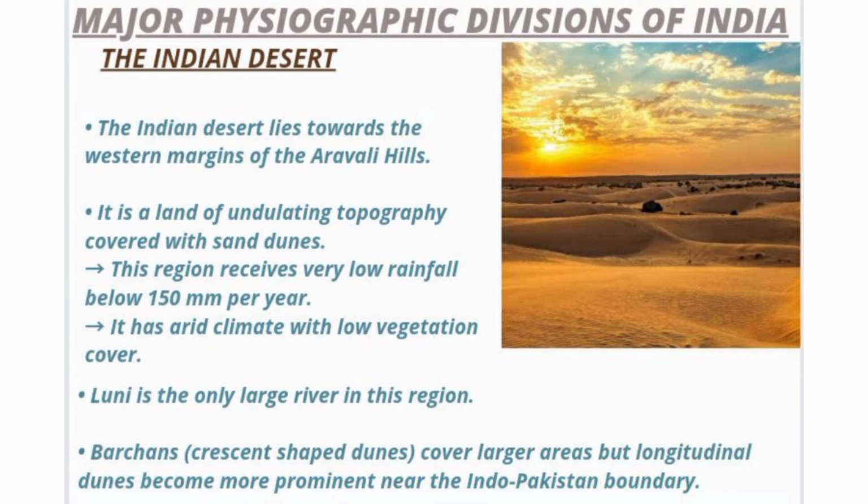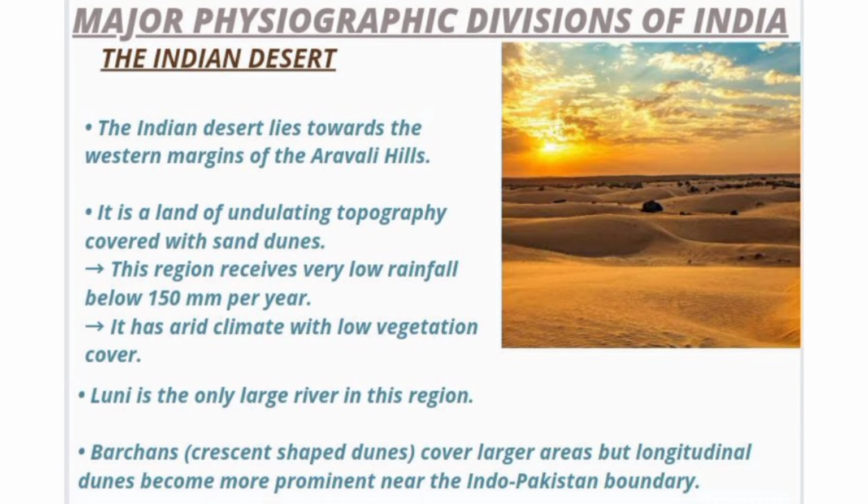Now we will discuss the Indian desert. The Indian desert lies towards the western margin of Aravalli Hills. It is a land of undulating topography covered with sand dunes. This region receives very low rainfall, below 150 mm per year.